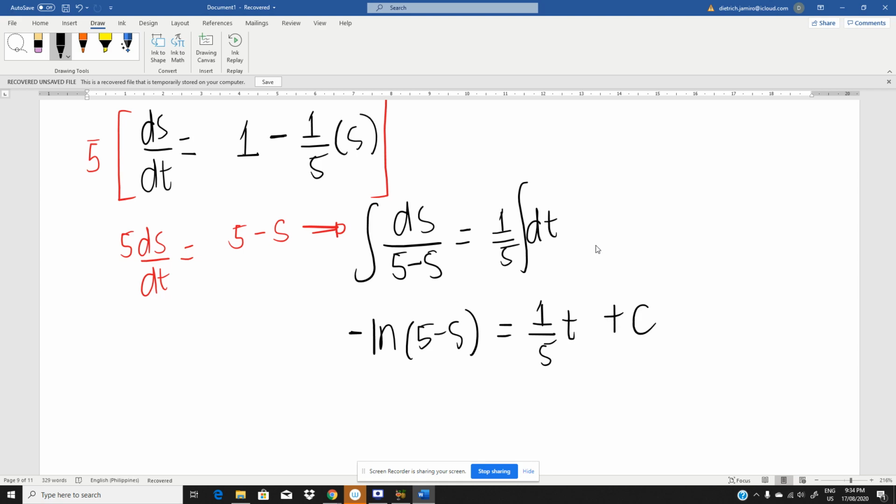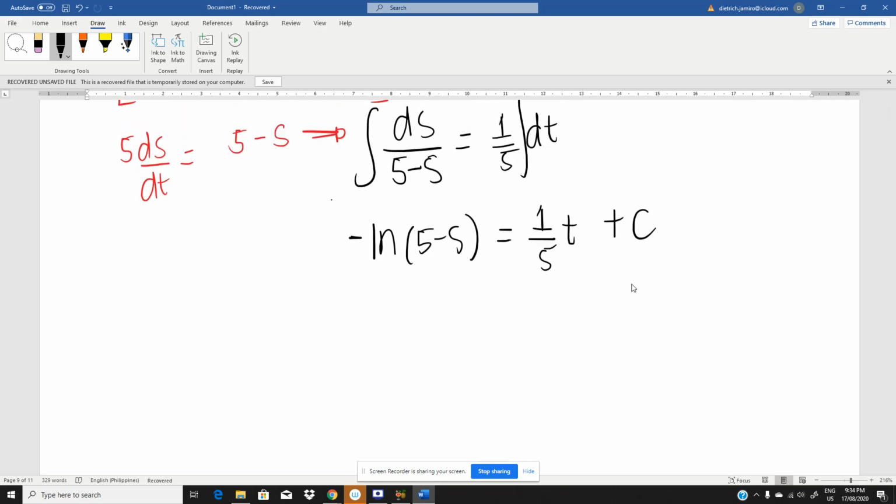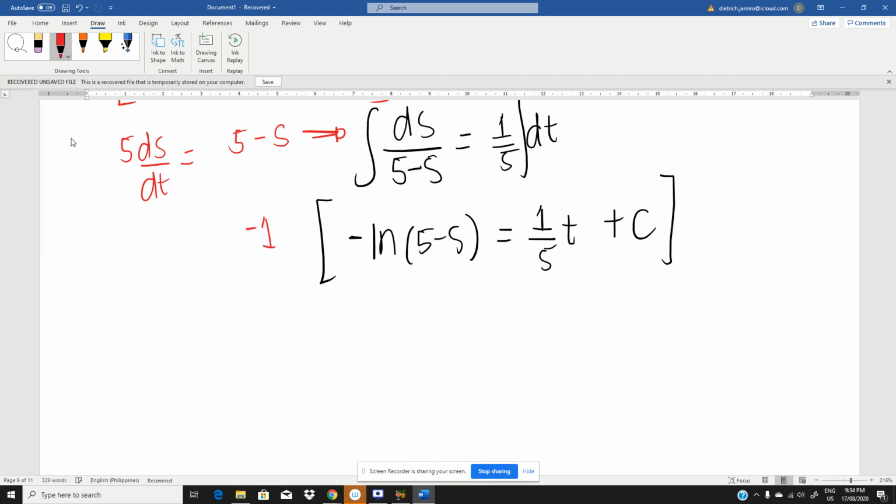And then multiplying both sides of the equation by negative 1, we will have ln of 5 minus s is equal to negative 1 over 5 t plus c. As you can see, I'll take the exponential of both sides.